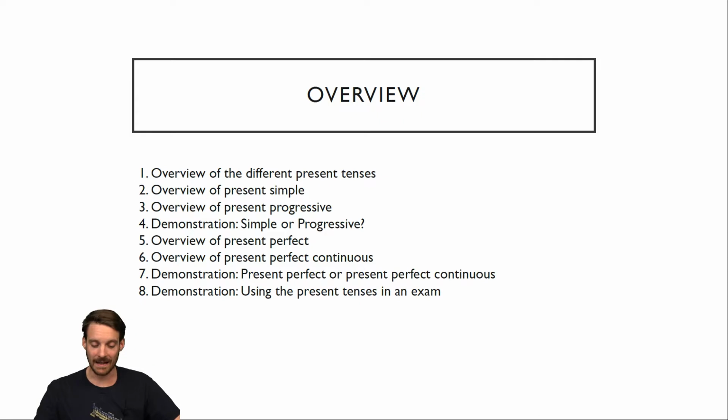Then we do a simple demonstration of simple versus progressive, so that you have the opportunity to guess with me which aspect we can use. So the aspect is simple or progressive. Then an overview of present perfect and present perfect continuous. Oh, I wrote continuous there, so progressive, yeah. It's the same.